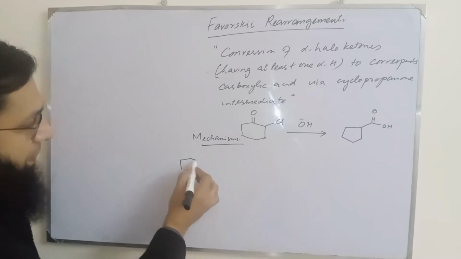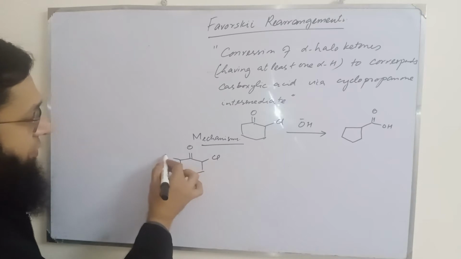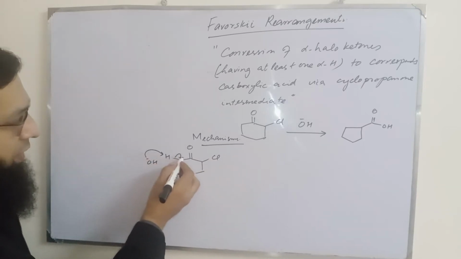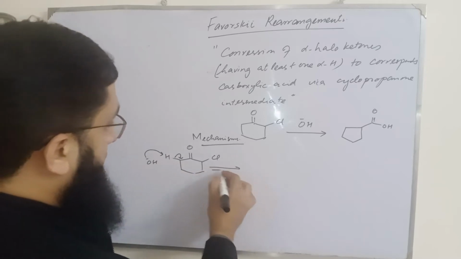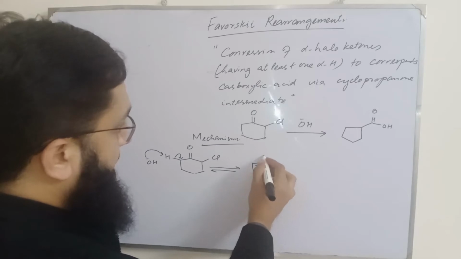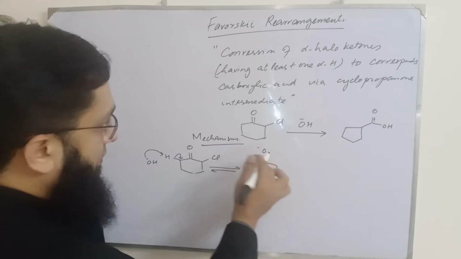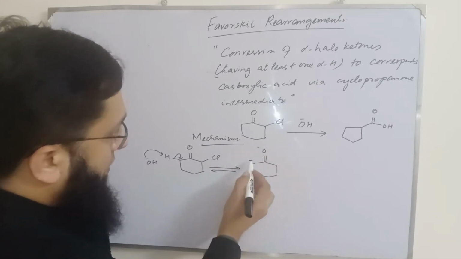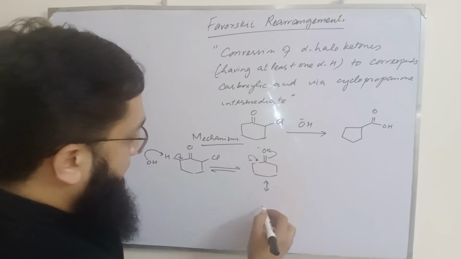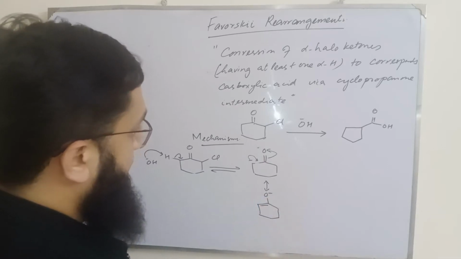In the first step, because we have alpha hydrogen here, the base would take the proton and as a result we will get the enolate, or we get the other resonance contributing structure, this one.